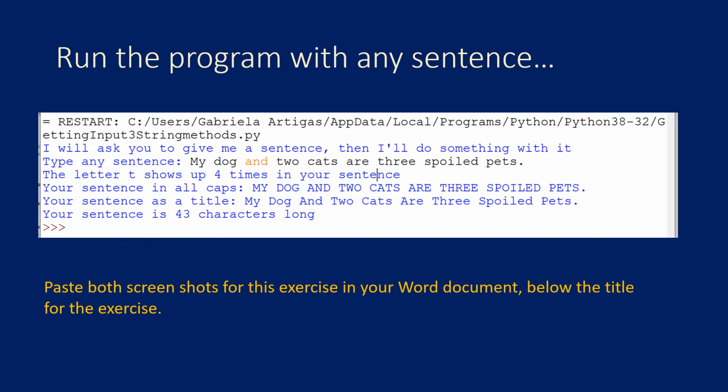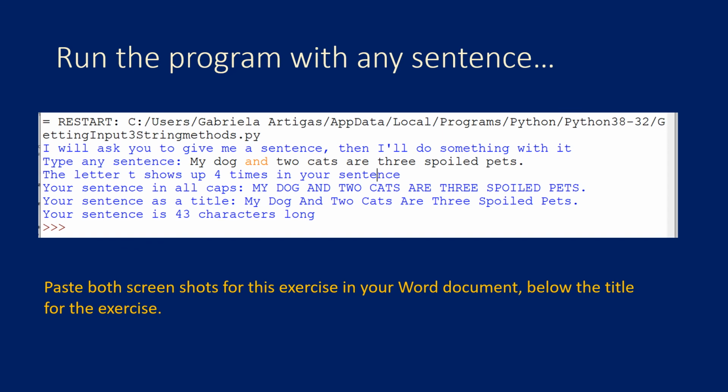When you press enter, all the processing statements will execute, and then the output statements will execute one at a time. It says the letter T shows up 4 times in your sentence. In all caps, it shows the same sentence but in all uppercase. Your sentence as a title, and now notice that each word is capitalized.